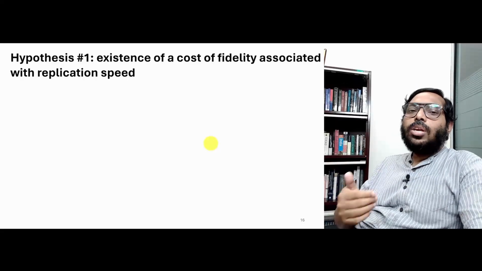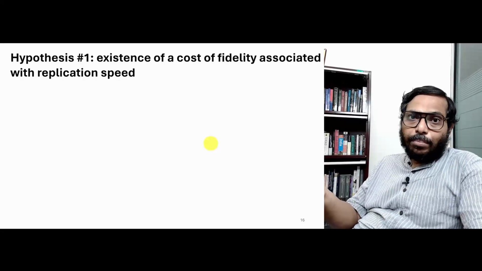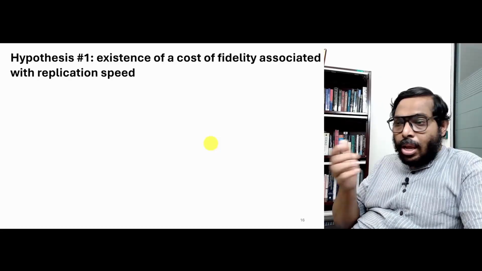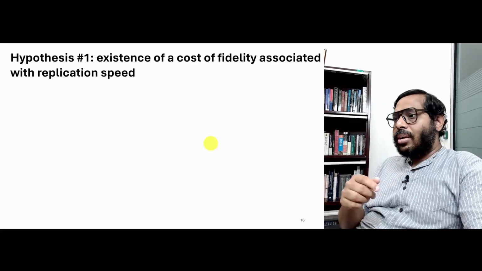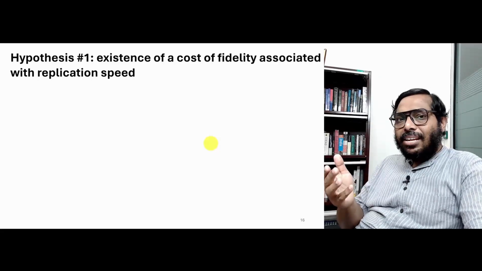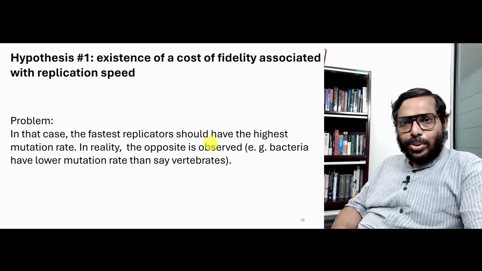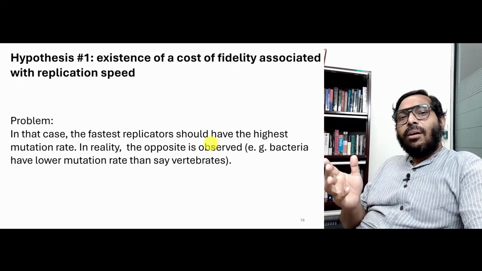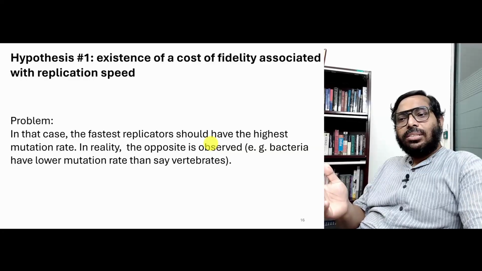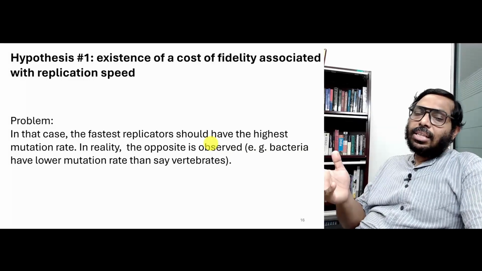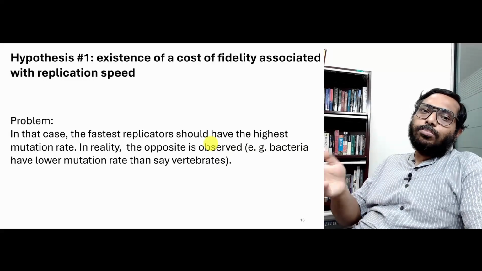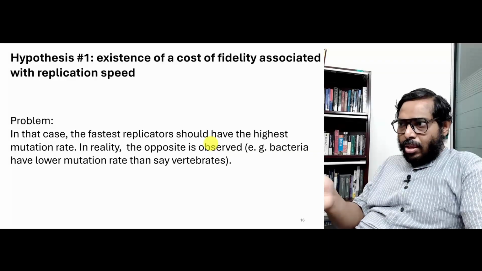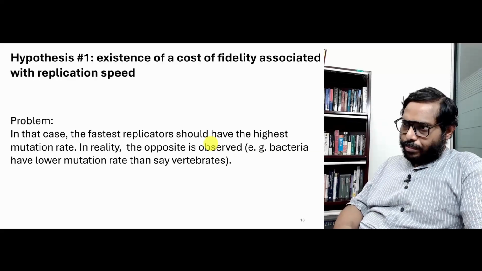In other words, you expect the bacteria, for example, to have a very high mutation rate, whereas in reality you see exactly the opposite. As I showed you in that particular chart, bacteria have much lower mutation rates than, say, vertebrates, whereas it is the vertebrates which replicate much slower than the bacteria. So, obviously this is not going to work out.